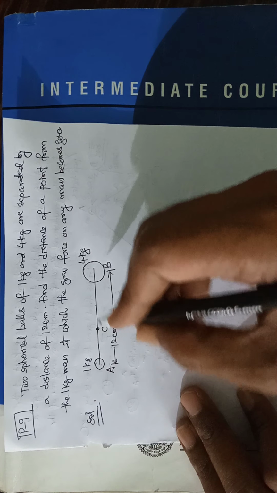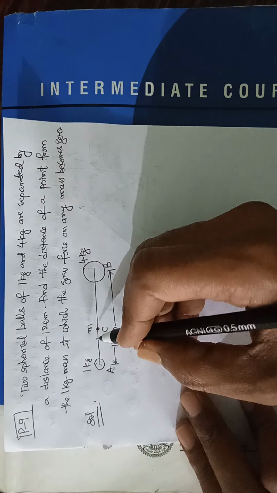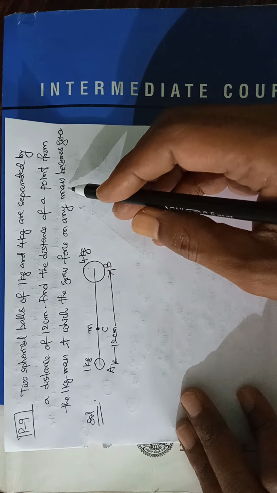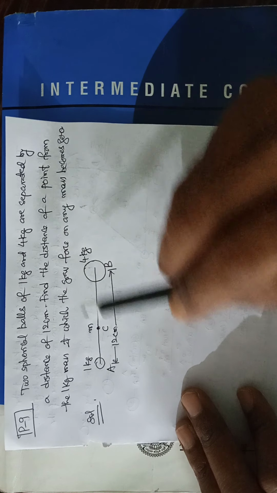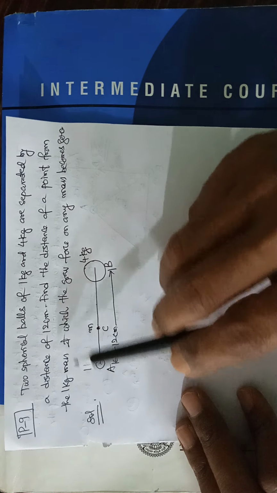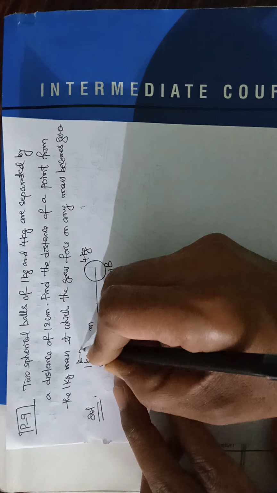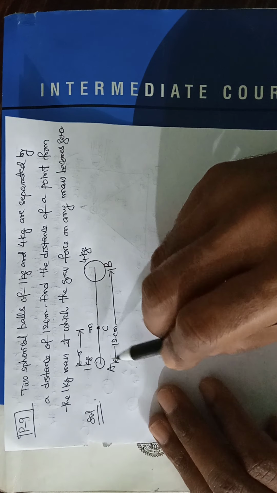Suppose you kept some mass at which the gravitational force is zero. Say this is the distance from the 1 kg mass.